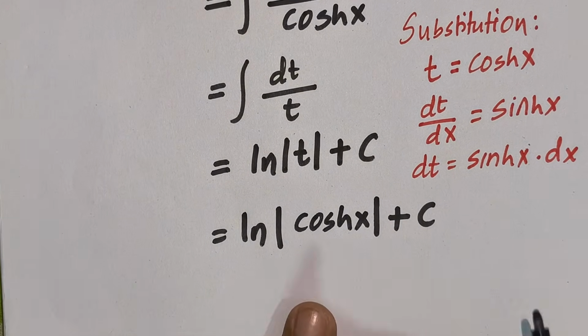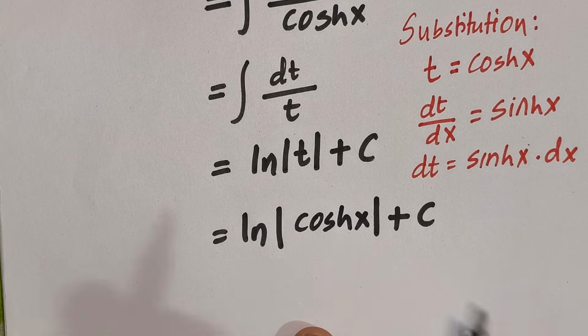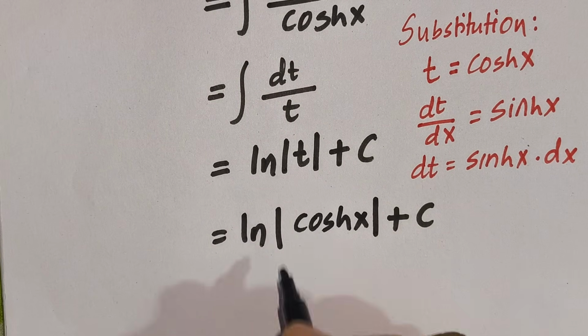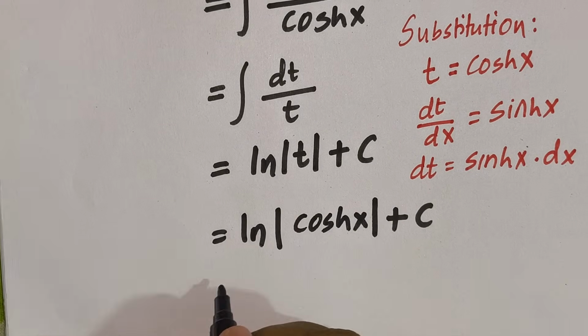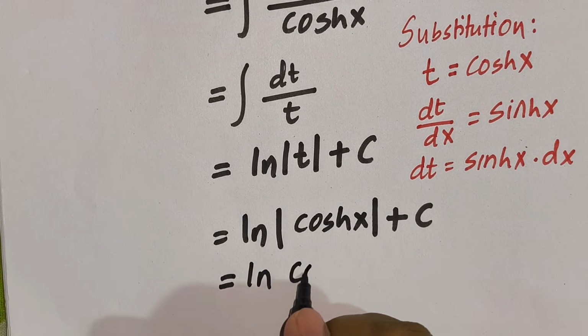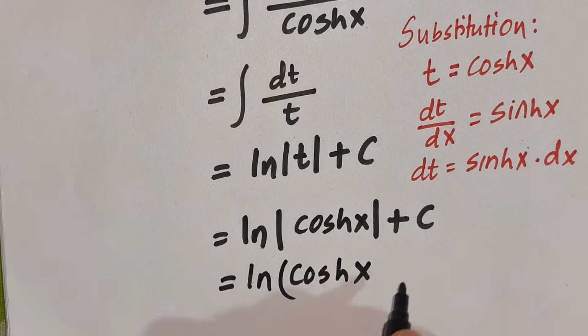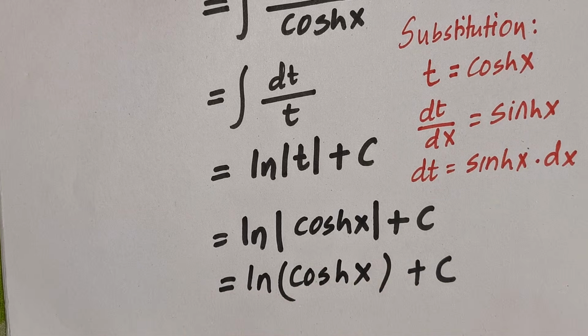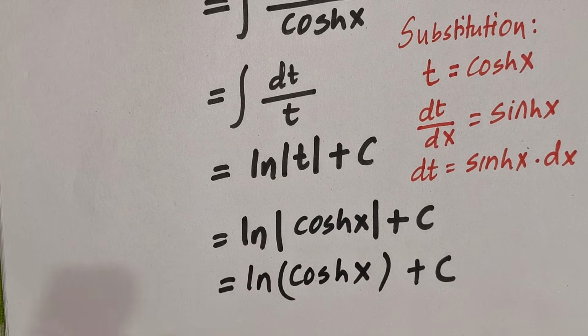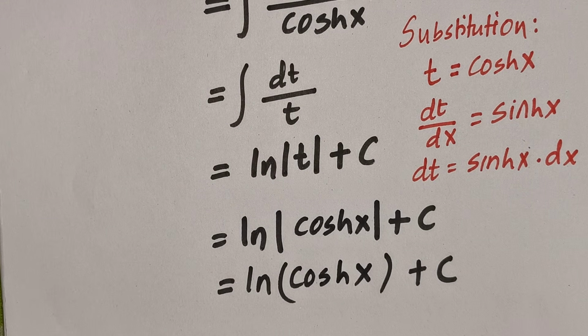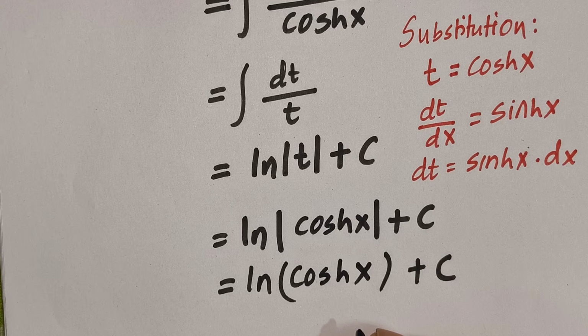But now we know hyperbolic cosine is always positive, so the absolute value of any positive number is the same thing. So we have simply ln of hyperbolic cosine x plus c, because hyperbolic cosine is always positive and its modulus is the same thing. So this is the integration of hyperbolic tangent.